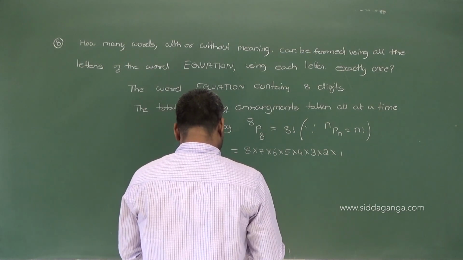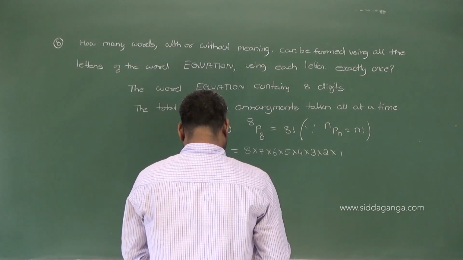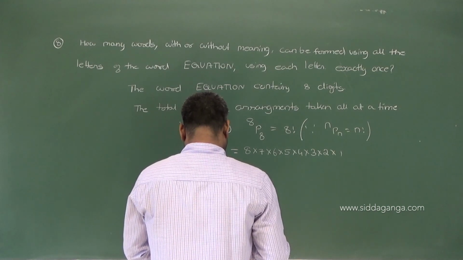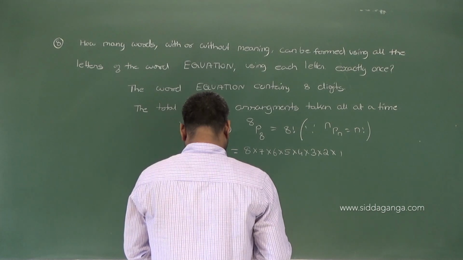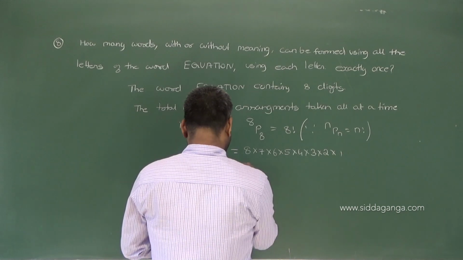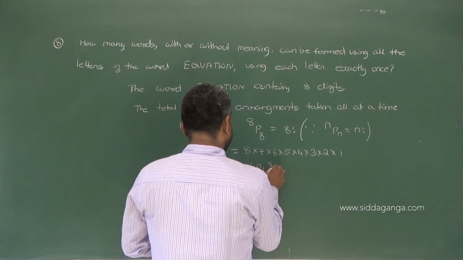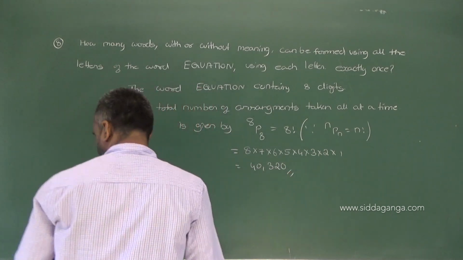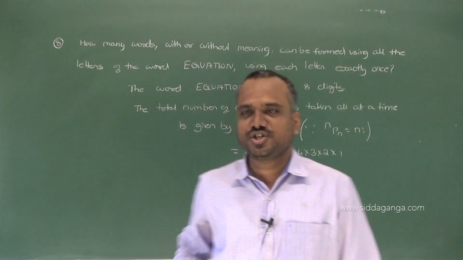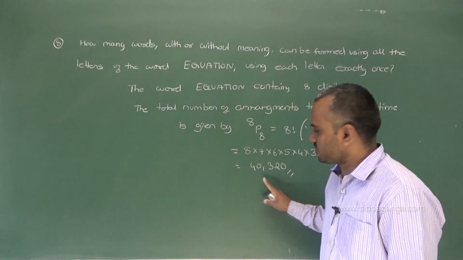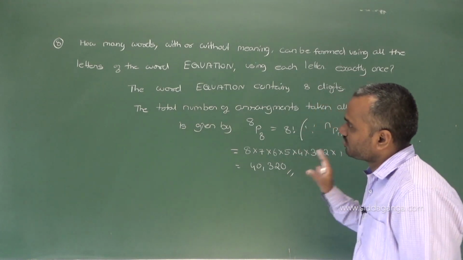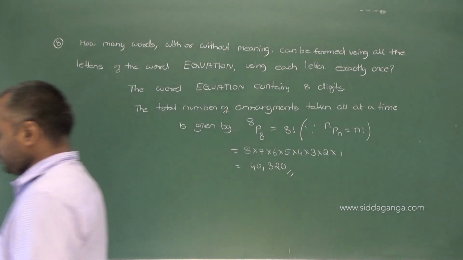You also calculate. 40,320. The total number of arrangements of the word EQUATION is 40,320. Observe this problem. Next problem.